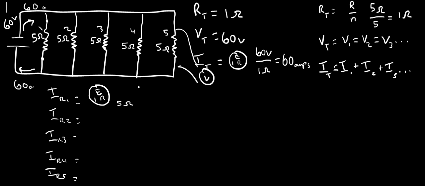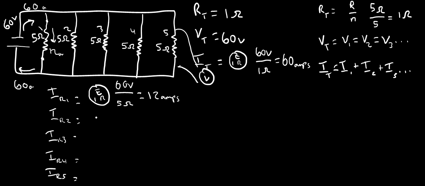It doesn't matter. We have that as 60 volts. We make that division, and we find that 60 divided by 5 is 12 amps. So we know that 12 amps is coming down this resistor right here.